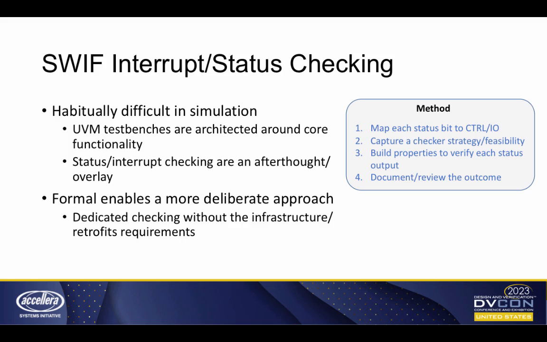Second, bit by bit, you're looking to capture a checker strategy, and you want to see if formal is a feasible technology for verifying each of those status outputs. Then you're going to go away and do the work. You're building the actual properties to prove each of the status outputs, and then you summarize it with some simple but practical documentation that you can review with design engineers or the rest of your team. So let's walk through what this looks like.